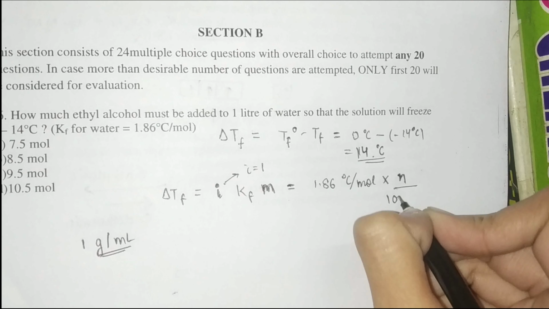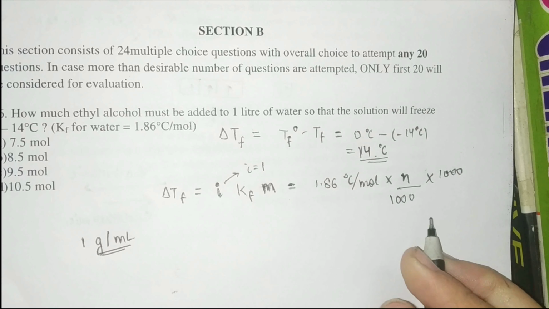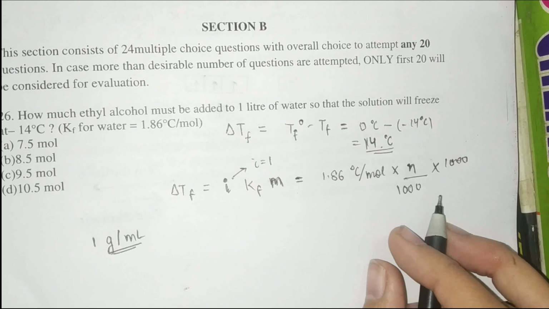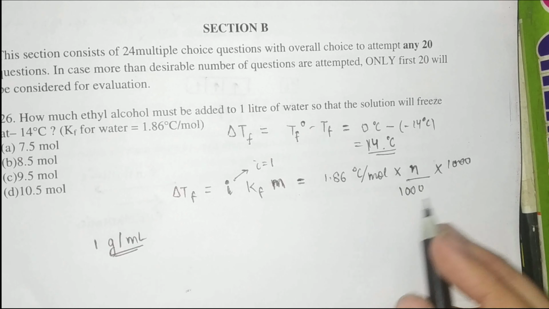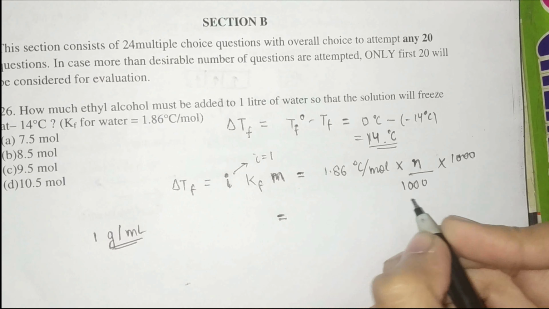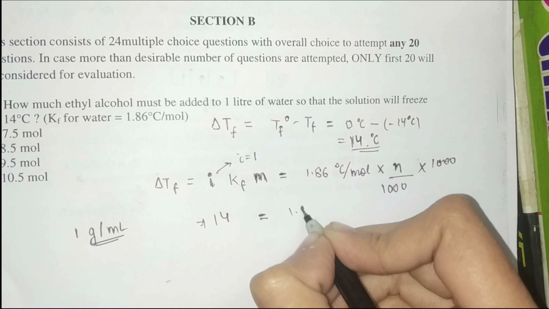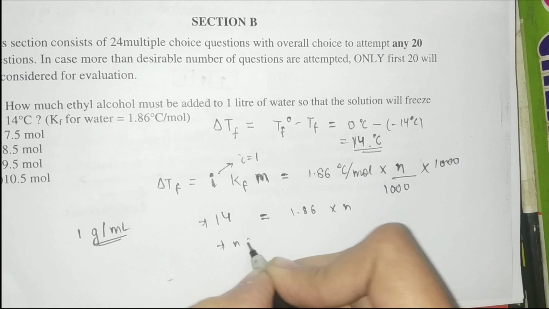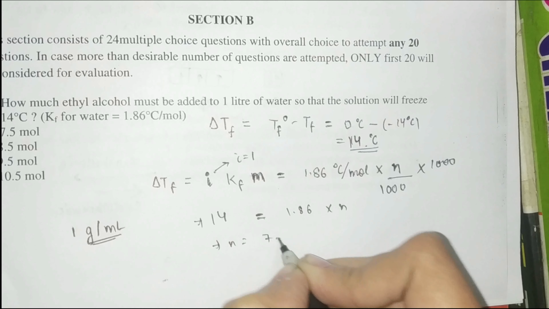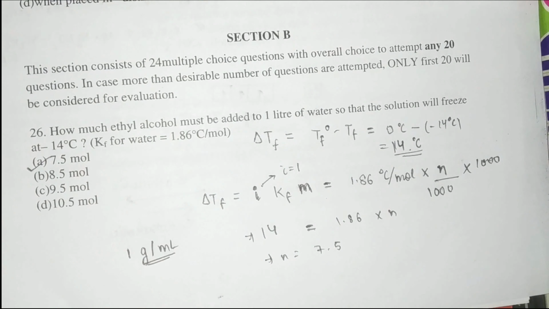So 1000 divided by 1000, because we are converting it to kilogram, since molality has mass of solvent in kilogram. Now we can calculate it. We put 14 there and 1.86 into n. So n will come out to be 7.5 mole. So option A is correct.